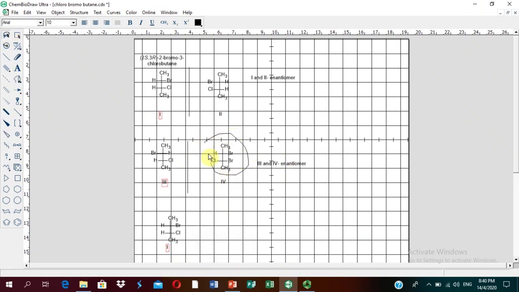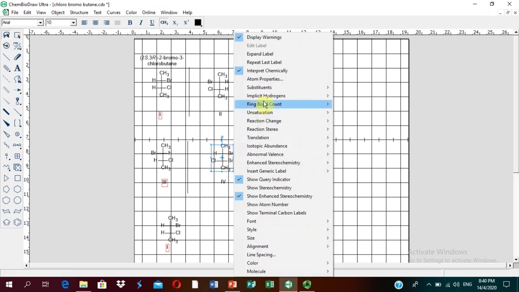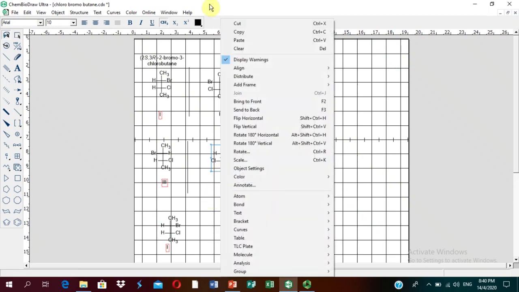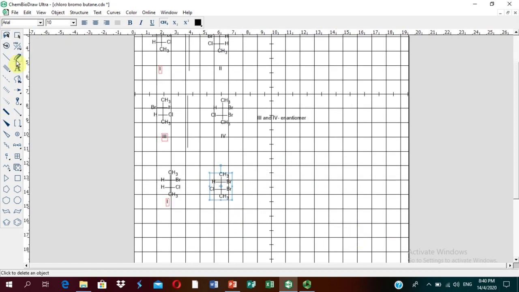Okay, number 4 here. Copy and paste. Section number 4.